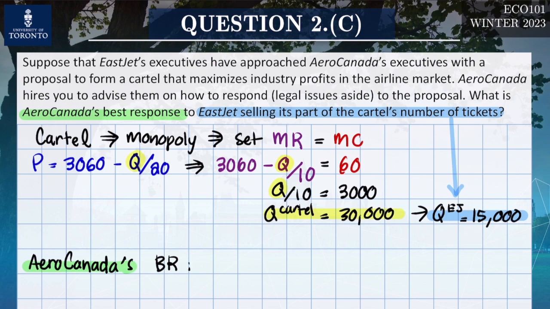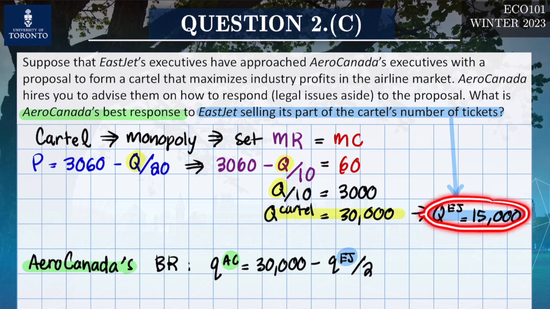We know that the best response for Aero Canada is given by 30,000 minus the quantity that EastJet produces divided by 2. Remember this? This was step number 2 from part A. And we can just substitute this number of tickets that EastJet produces to know what is Aero Canada's best response.